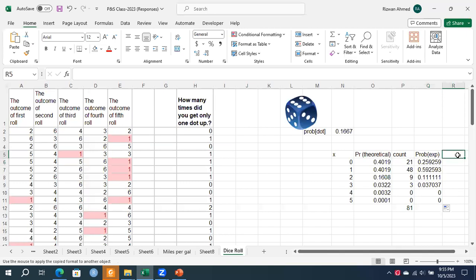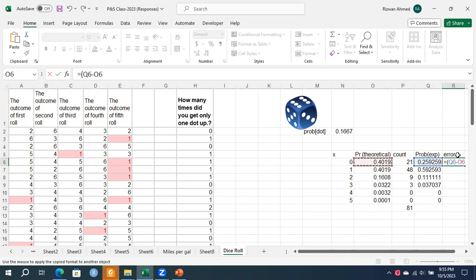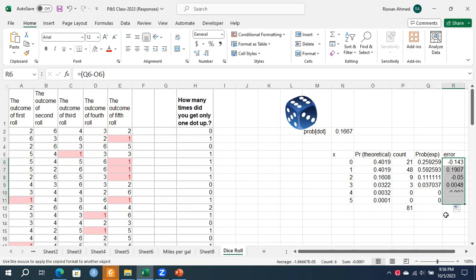Well, we can compute the error. Let's compute the error. So experimental one minus the theoretical value. Well, this value is exact. And divided by this one defines the absolute error. Okay, 0.1, and these are the errors.